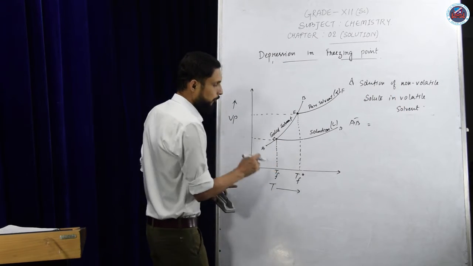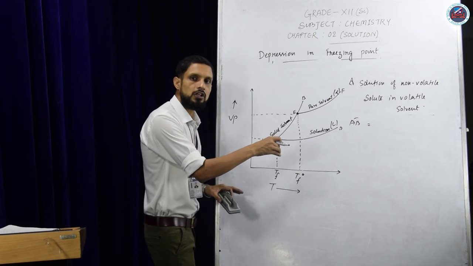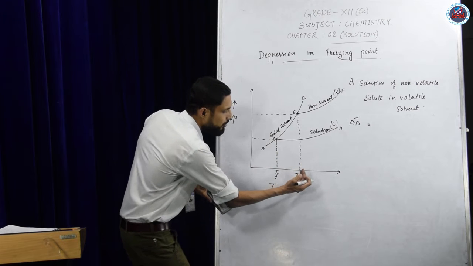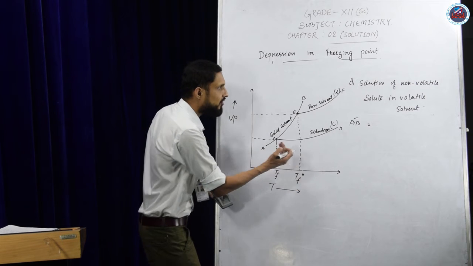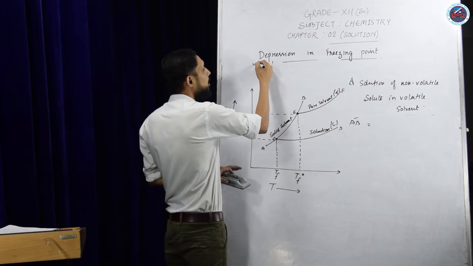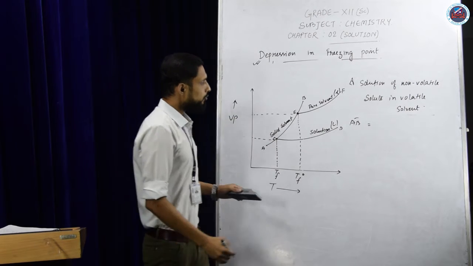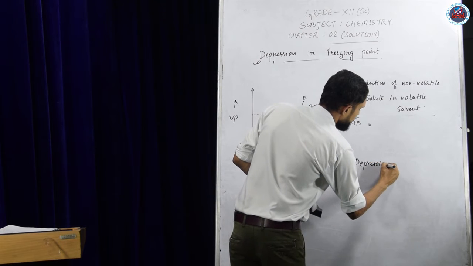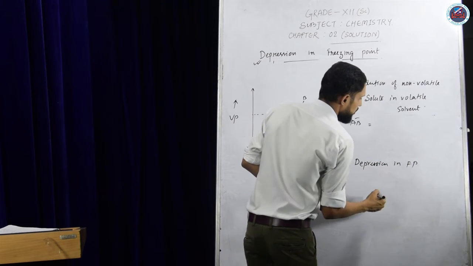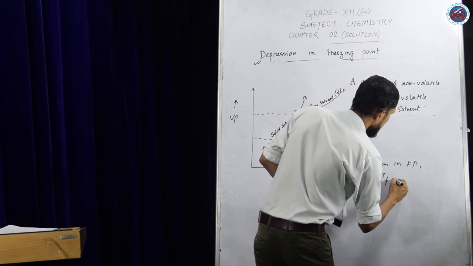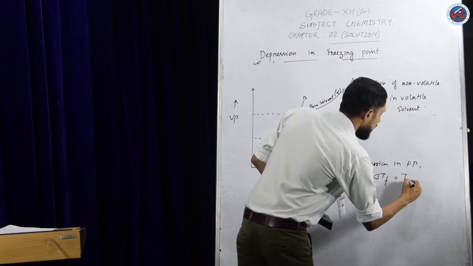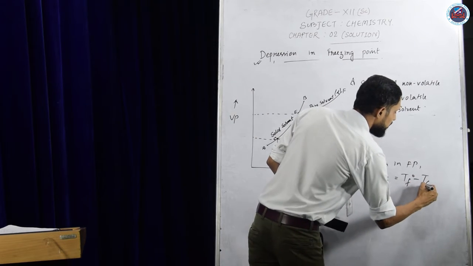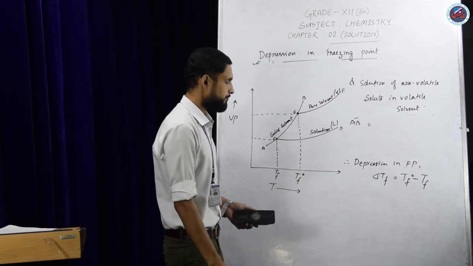So what we can say from here, when we add non-volatile solute in volatile solvent, the freezing point temperature decreases. And since it decreases, we use the term depression. So therefore, depression in freezing point, that is delta Tf, is equal to Tf naught, that is freezing point temperature of pure solvent, minus Tf, that is freezing point temperature of solution.